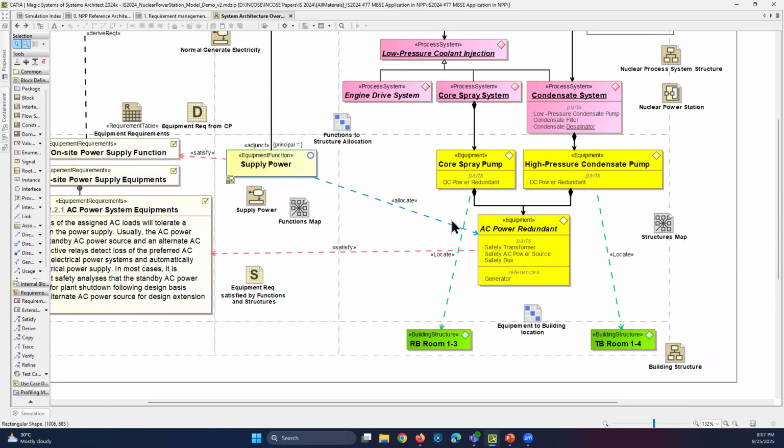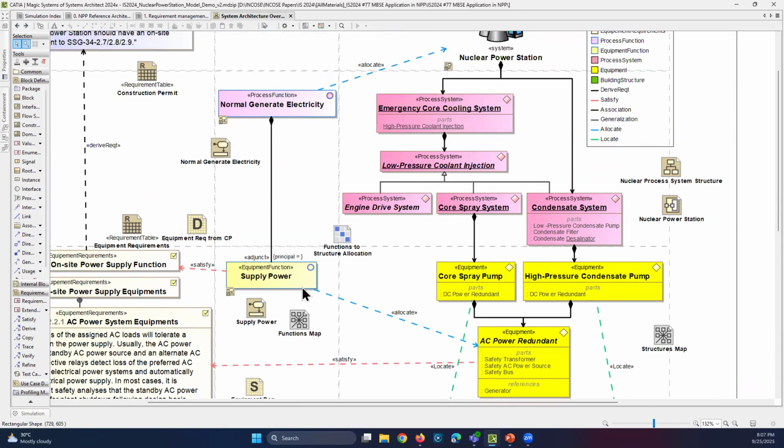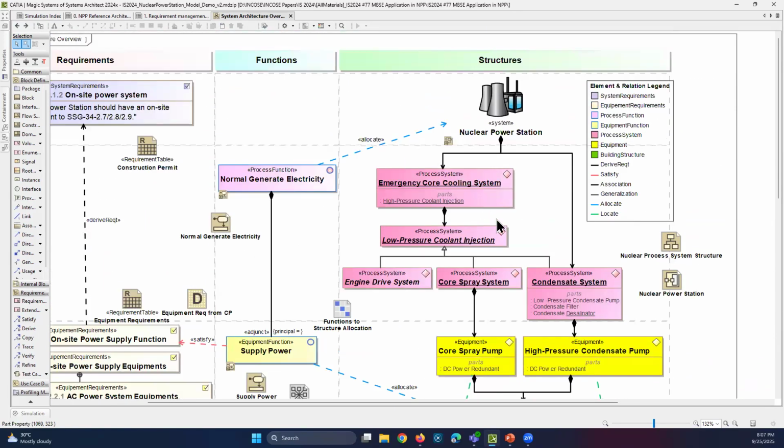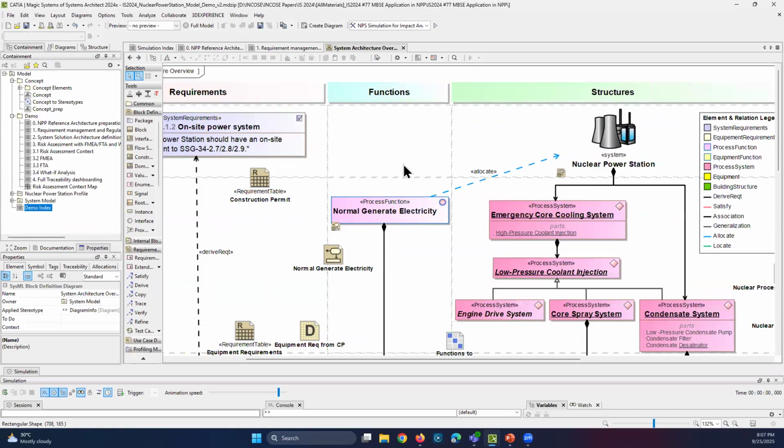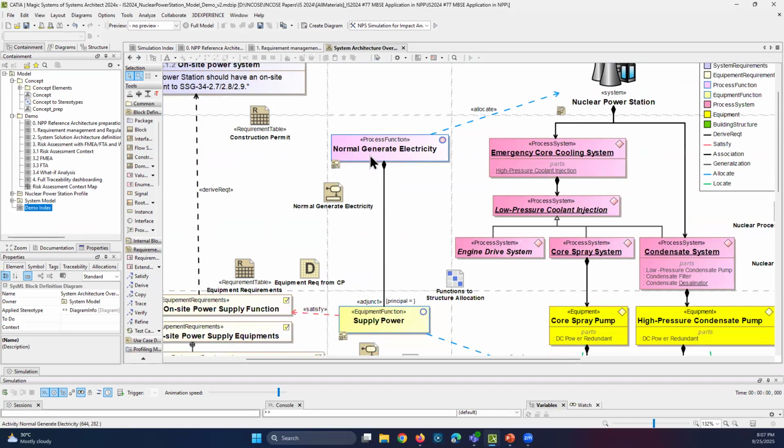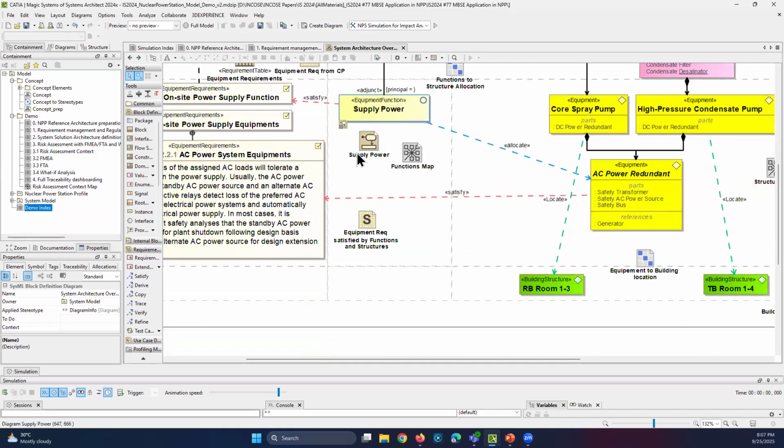Then you see all these relationships, from the allocation, from the satisfying, from layer to layer, are all captured by the model. This is what MBSE allows us to do, to have a very true and deep end-to-end relationship between all these aspects and all this information.